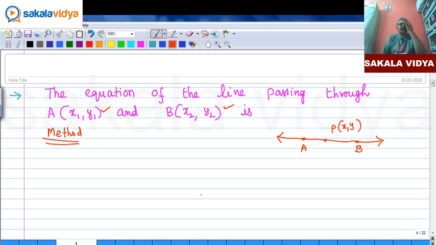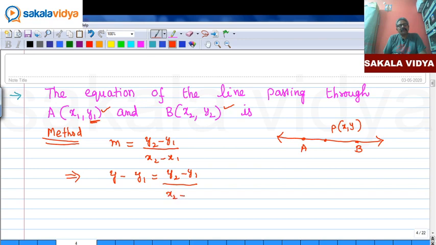So, first we can find the slope of the line, m is equal to y2 minus y1 by x2 minus x1. Then we know the slope and one point on the line. Y minus y1 is equal to m, m means y2 minus y1 by x2 minus x1, into x minus x1.